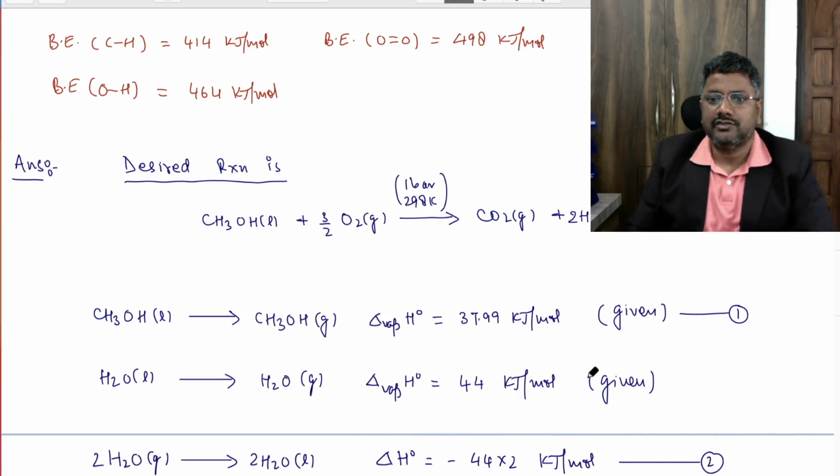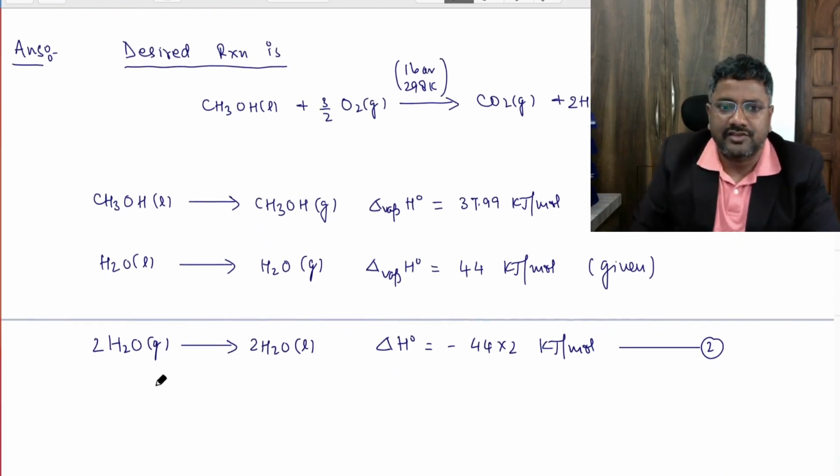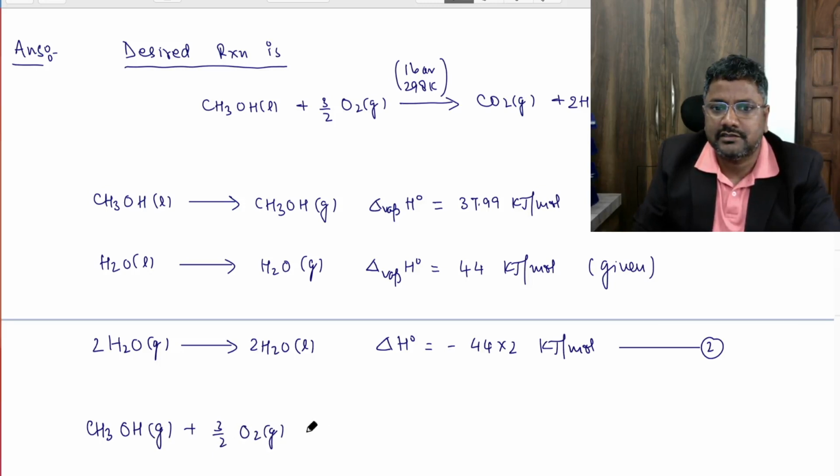So this data is given, but here we want H2O liquid in the right hand side, and 2 moles of water liquid are required, so I have multiplied this equation. So accordingly in delta H also multiply this by 2 and reverse this equation. One more piece of information is given: CH3OH gas plus 3 by 2 O2 gas gives CO2 gas plus 2 H2O gas.